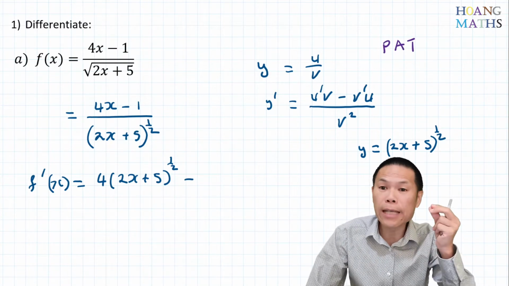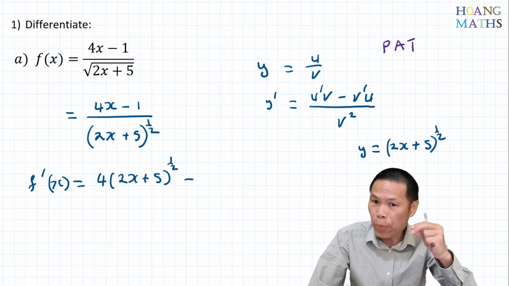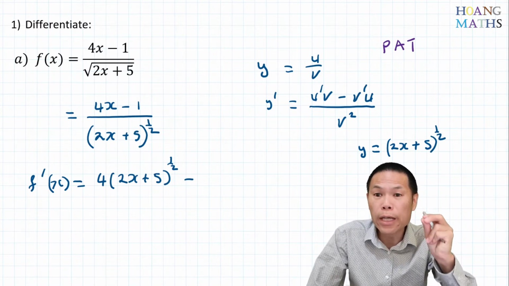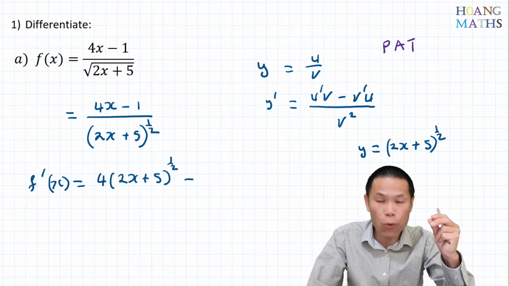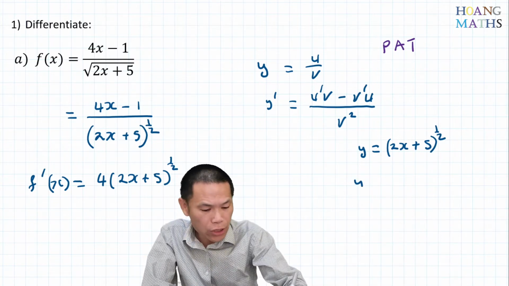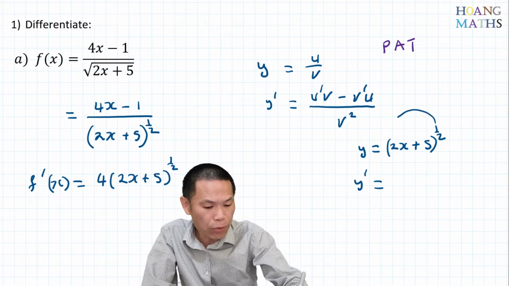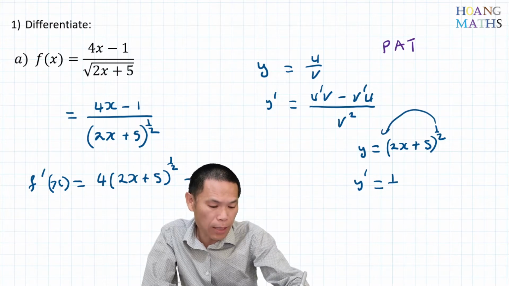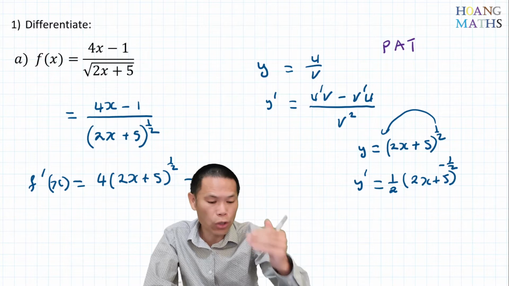Now the power is a half, so we bring a half down, we minus 1. So a half minus 1 is negative a half. Therefore it is to the power of negative a half. So y dash equals, the half I bring down, so that becomes a half, and (2x plus 5) to the power of a half minus 1 is negative a half. Otherwise, just use your calculator.